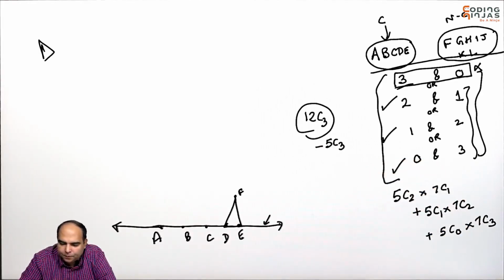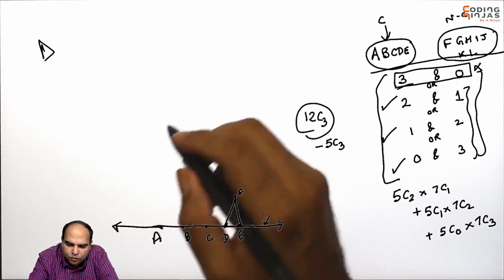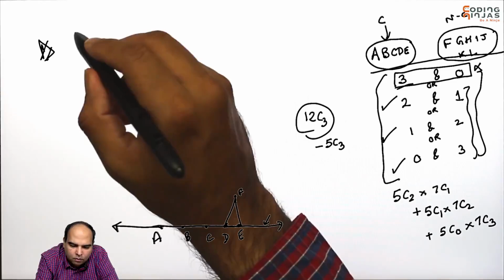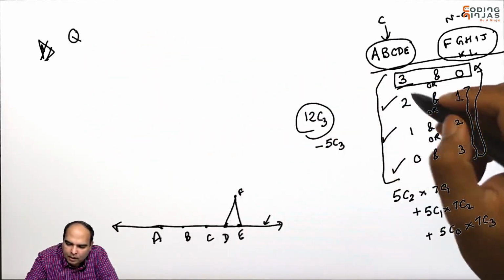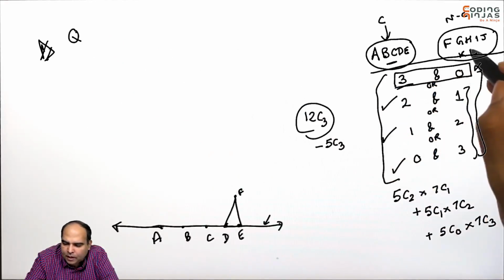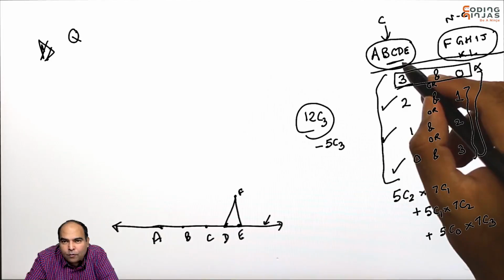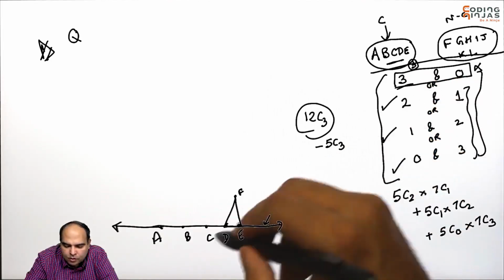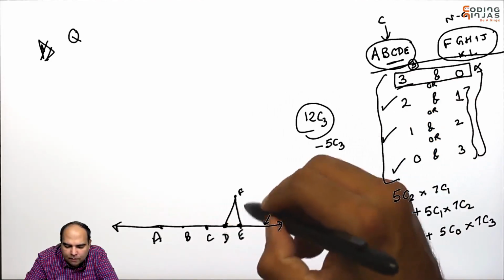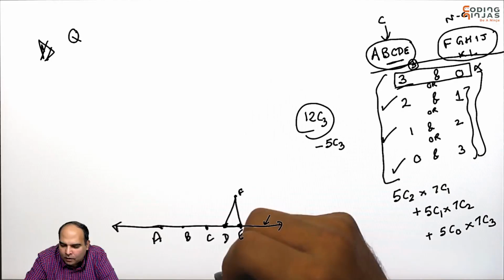In the same way, I will just write the solutions, and I think you can make out the quadrilateral solution. If I take 4 points from here, it won't work. If I take 3 points from here, it won't work, because 3 points from the straight line and 1 from outside does not form a quadrilateral.